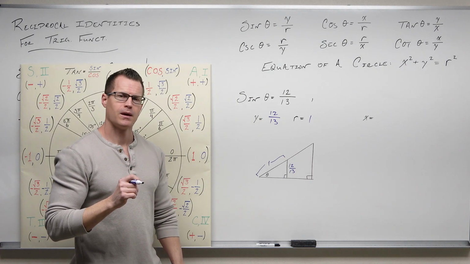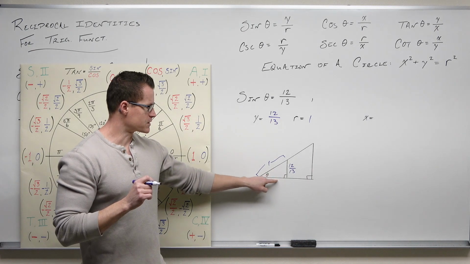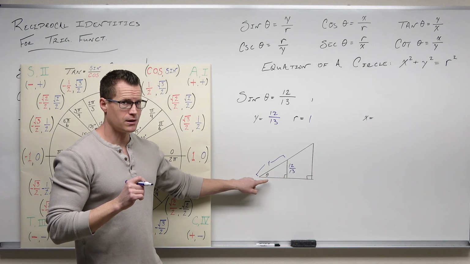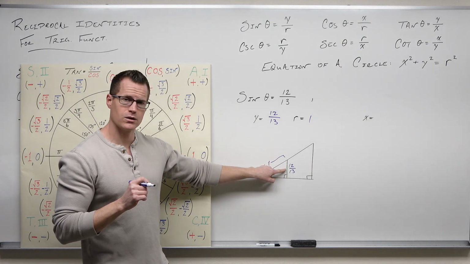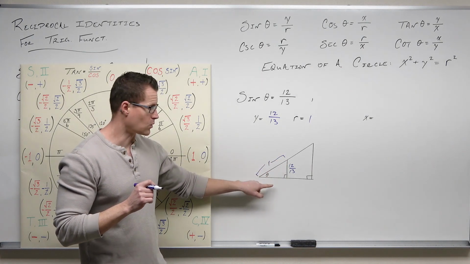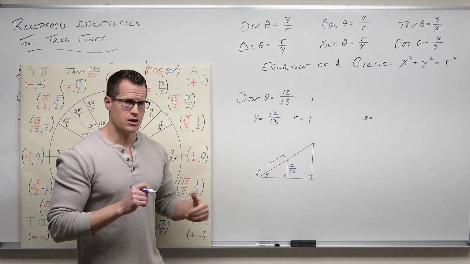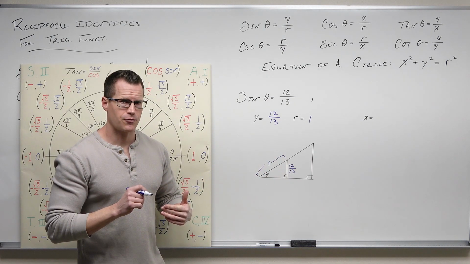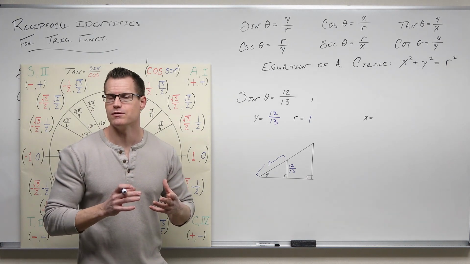First question, could you use the Pythagorean theorem to figure out this missing side? Here, x squared plus y squared would equal r squared, or x squared plus (12/13) squared equals 1 squared. Now you might be thinking, using that fraction is not going to be very nice in the Pythagorean theorem. And you're right. That's why I'm giving you a different way here.